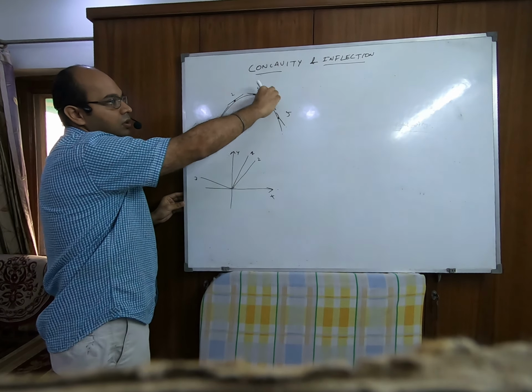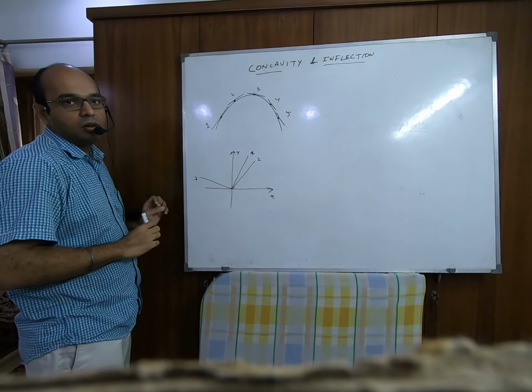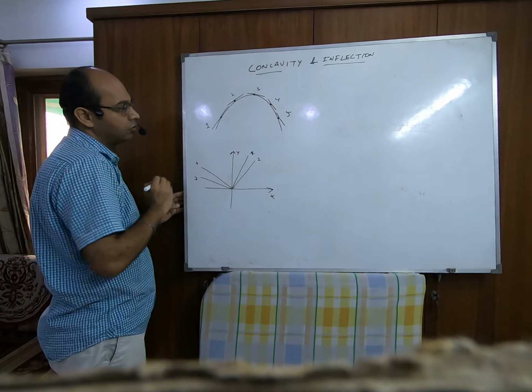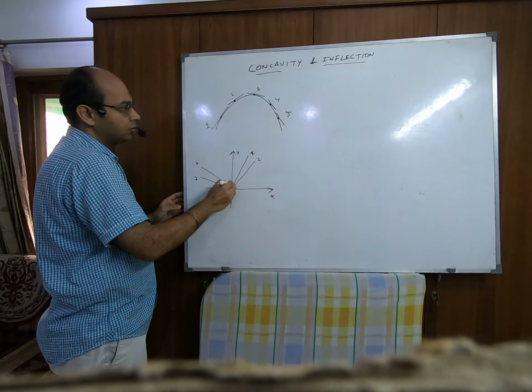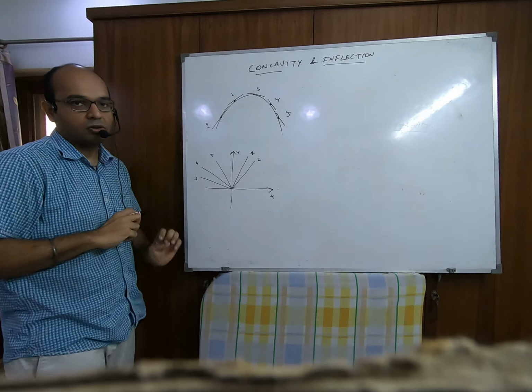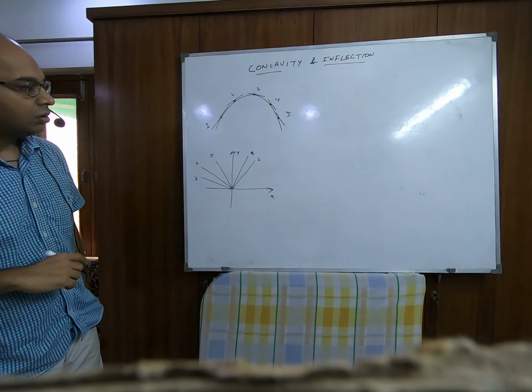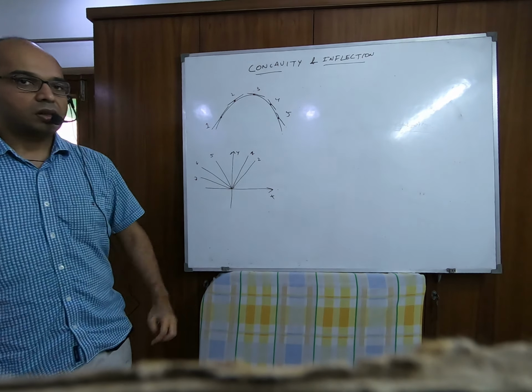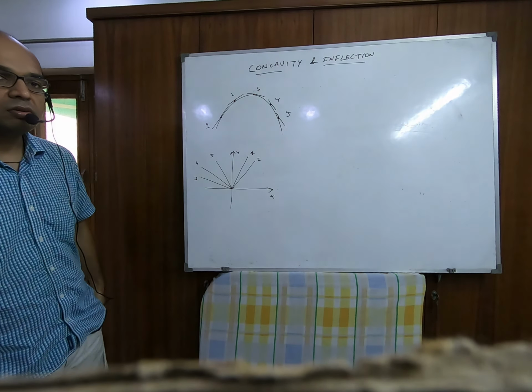Now this line is more towards the y-axis, 4. So this is 4 and this is further towards the y-axis. Now we know the slopes of these lines can be arranged in which manner?